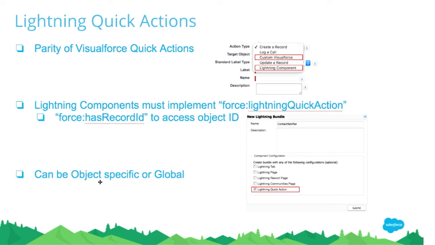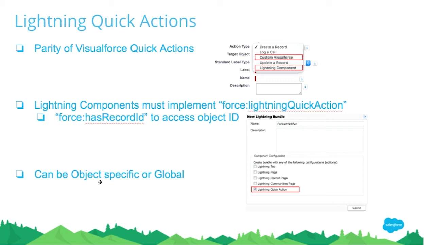The same thing, Lightning Quick Actions is an action button that shows up in the context of a standard object like account, contact, lead, whatever, or can be globally accessible. And once you trigger or click on that action, it will show a modal window for you. It will load the component so the user can do some actions, and then after that, it will be reflected onto that account.